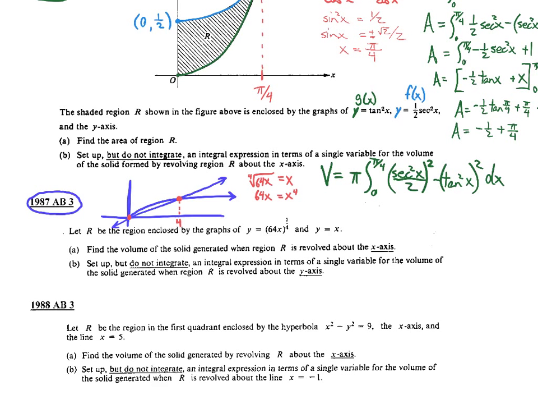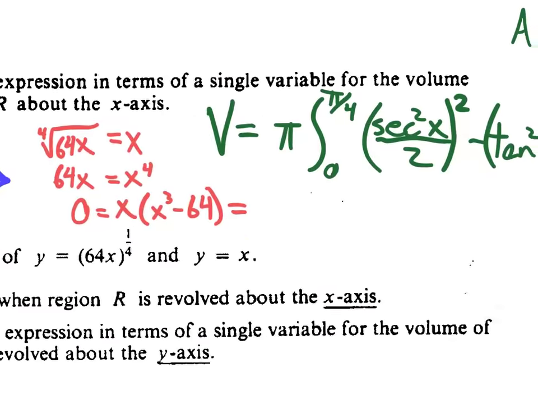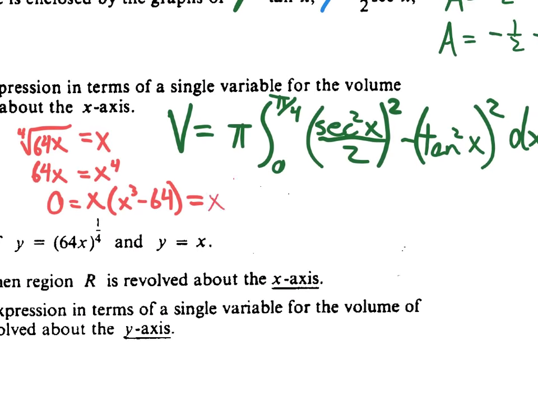I subtract, and I can factor out an x, so it's x times x cubed minus 64, which I can factor using difference of cubes. I have x times x minus 4 times x squared plus 4x plus 16. X squared plus 4x plus 16 does not have any real roots, so therefore my answers are just 0 and 4.